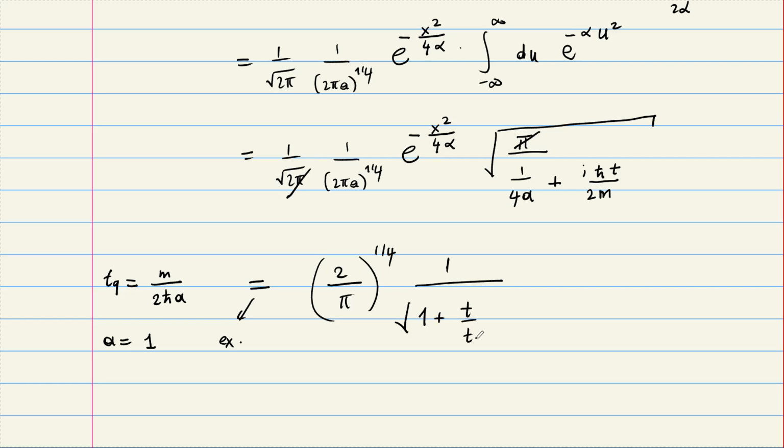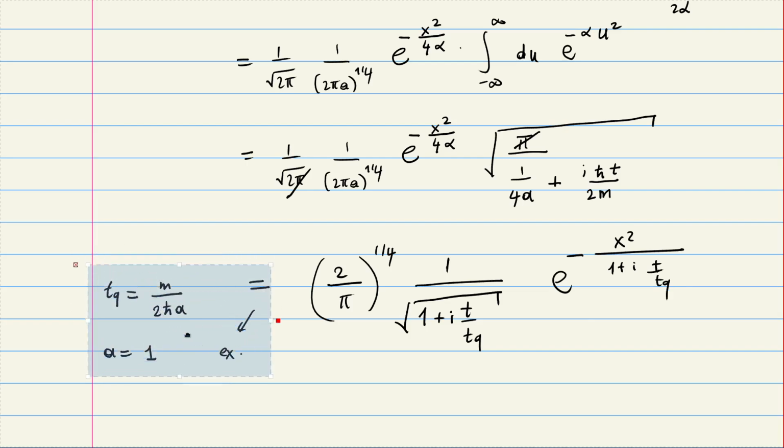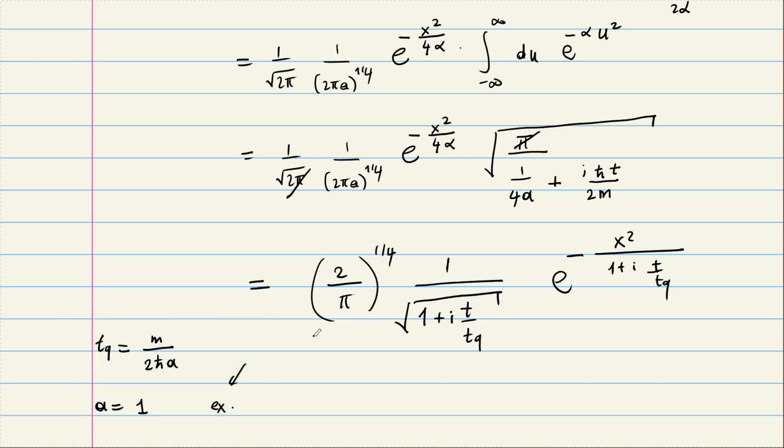T over tq times i, and this one is e to the minus x squared over 1 plus i t over tq. So let me push this down a little bit. I'll sketch this function, play with it a little bit. So let me write this psi of x comma t.